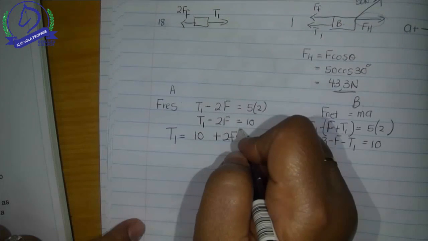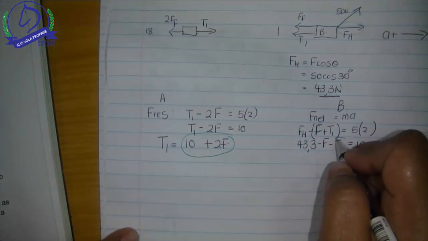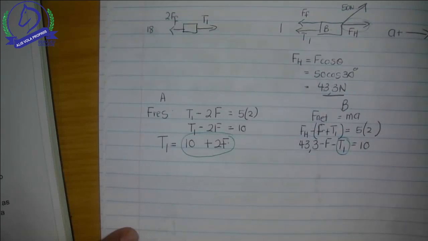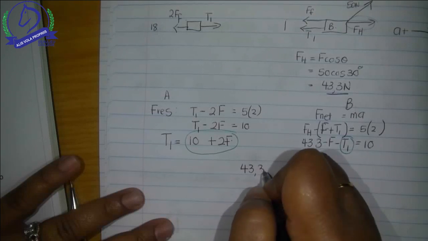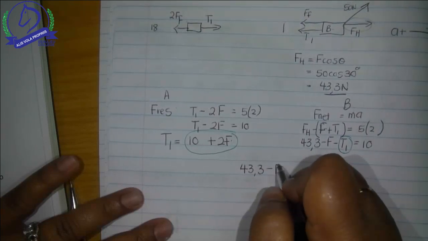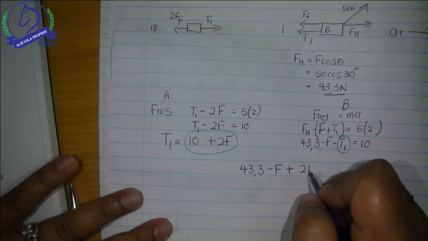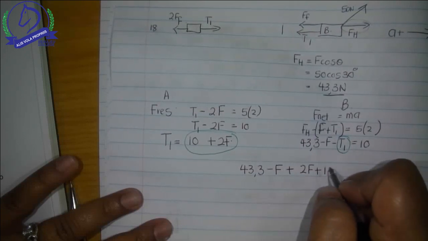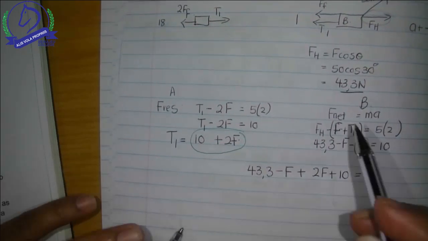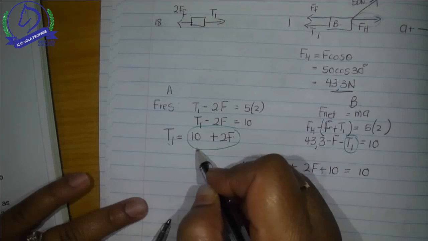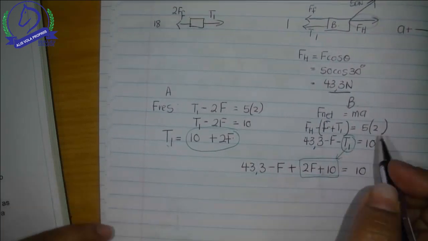And that's important because in this equation where I have T1, I'm going to now say that 43,3 minus F plus 2F plus 10 is equal to 10. All I did was I subbed in this for my T1.